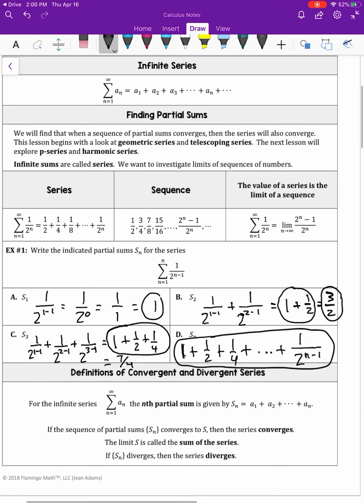Now, let's look at the second one. The second one, summation n equals 1 to infinity. So what I want to do is somehow write this so that my r is to the n minus 1.